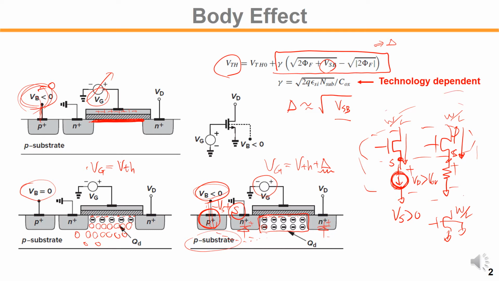And this VTH also varies depending on the output source node voltage. It becomes a function of the source node voltage, which results in some non-ideality like this.